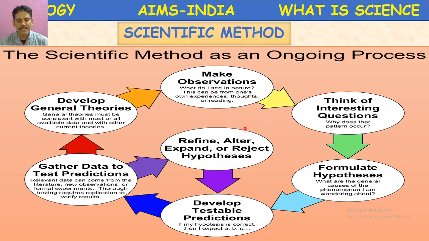Children, when scientists try to find an answer to a question, they do an experiment. For doing that experiment, what will they do? They use thinking tools, those thinking tools which we have discussed now. What are they? Process skills.